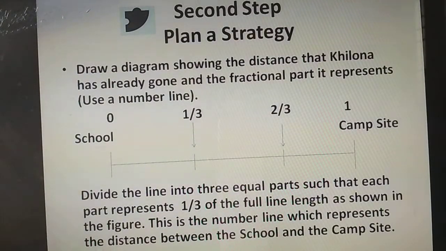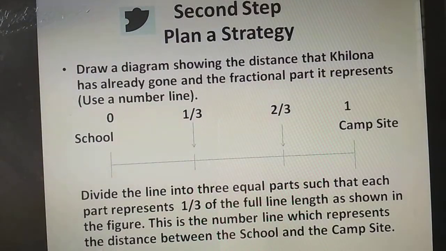So we draw a number line. Use a number line showing the total distance from the school to the campsite. As school is the starting point, we mark it as 0, and the campsite is the destination point, the point we are going to reach, so we mark it as 1.